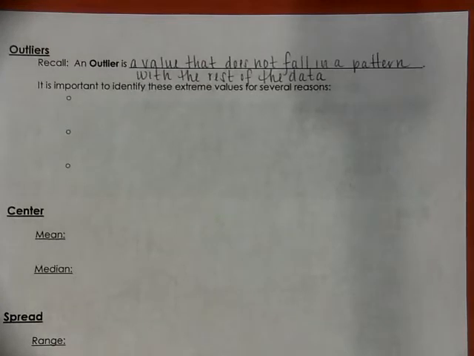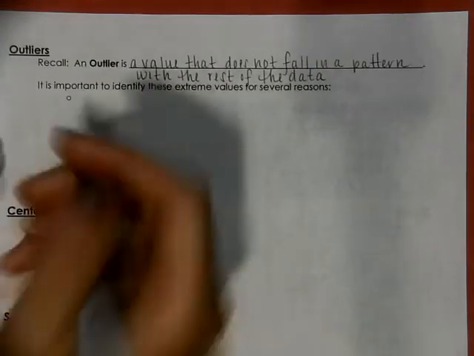Now keep in mind, an outlier can be on the lower end or the upper end. And a data set does not have to have outliers, or a data set can have multiple outliers. So it's important to identify these extreme values for several reasons. One is that they could indicate that a data entry needs correction.